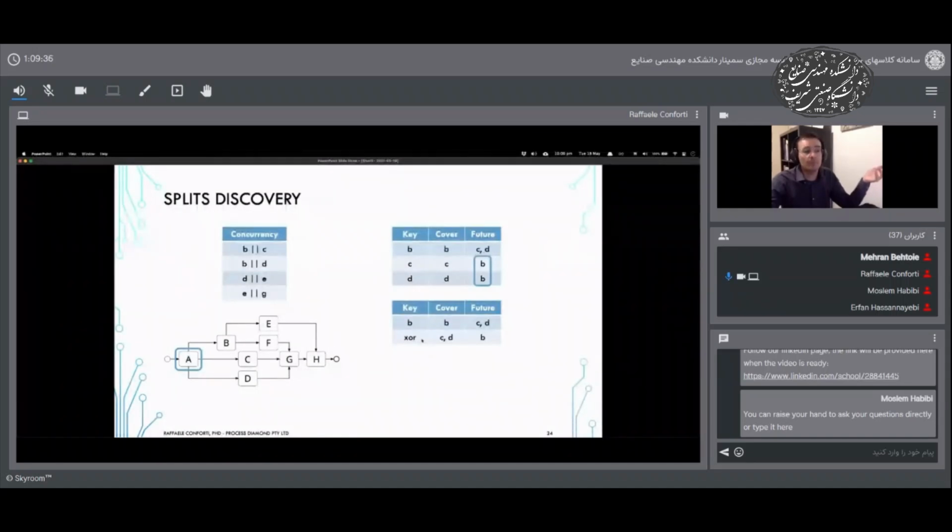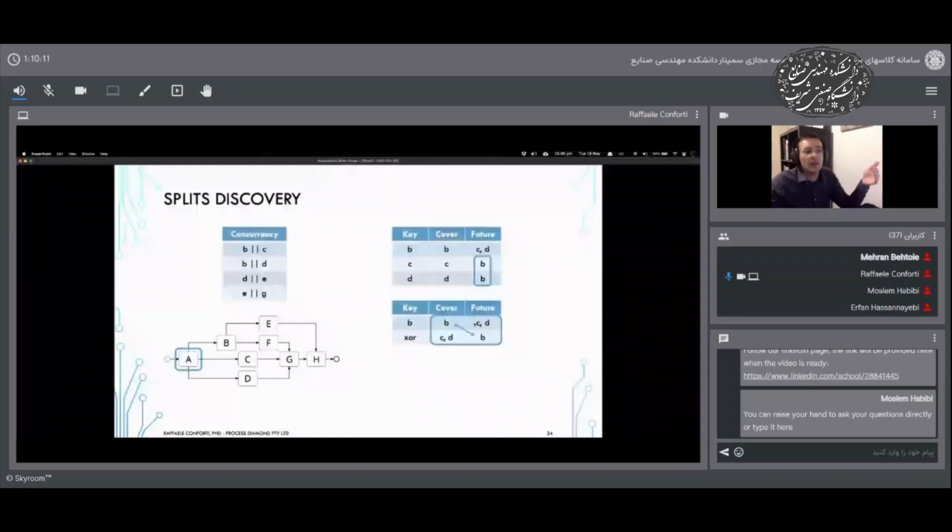And then we repeat the same operation again. In this case, there are no rows that have the same future. So at this stage, we look if there are rows where the cover and the future are matching. So in this case, we can see this block here, where for this row, the cover of the first matches the future of the second, and the other way around.